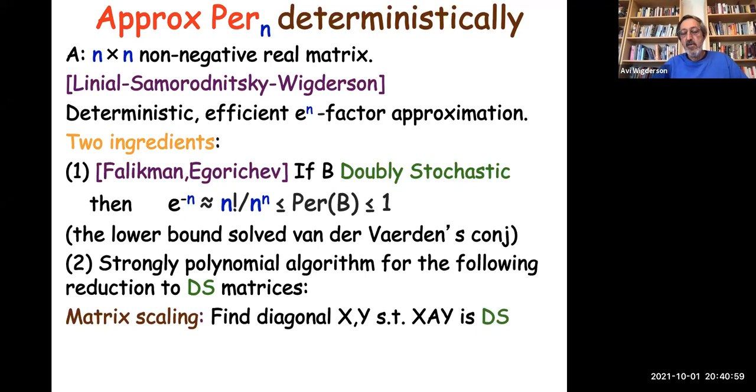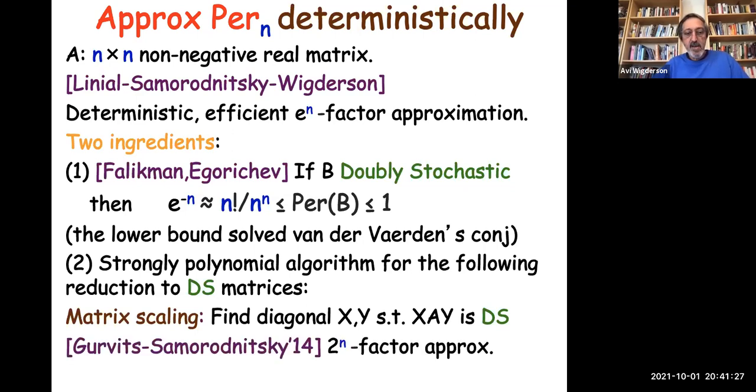In other words, you multiply rows and columns by constants, and you get a doubly stochastic or arbitrarily close to doubly stochastic matrix, and then you can apply the above bound. Of course, because this scaling, multiplying by constants, affects the permanent in an easily predictable way, you basically have a reduction. So this is matrix scaling. Let me mention that this result of e to the n was improved a little bit to 2 to the n in a clever way.